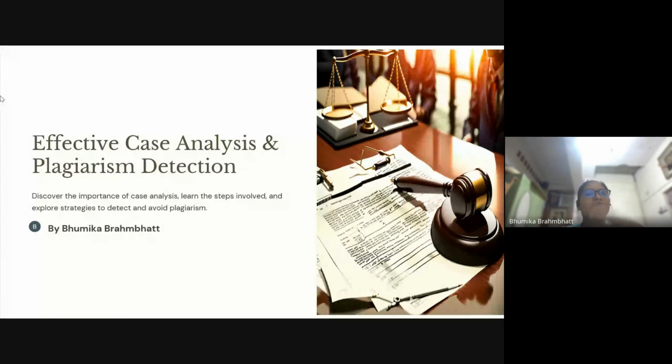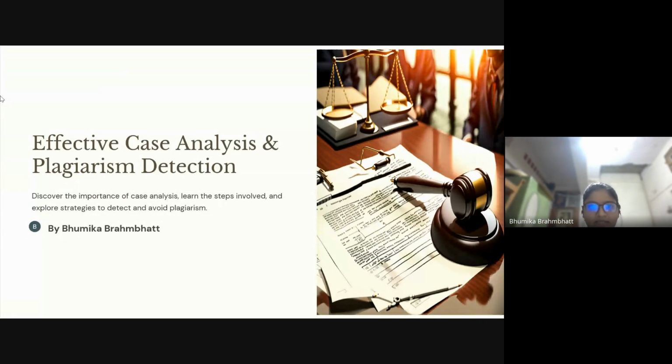By using different steps and different variations in your case as per the given format, you can easily learn how to do and how not to do case analysis. So we'll just start on that.